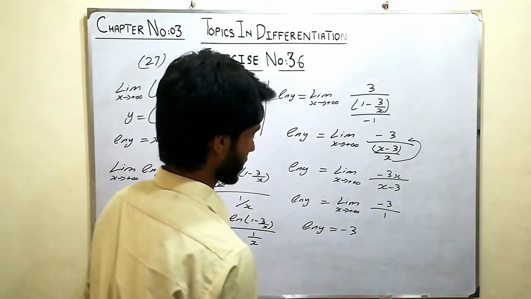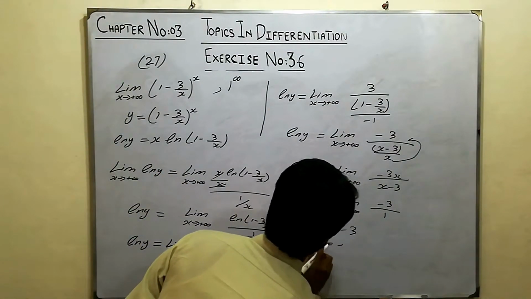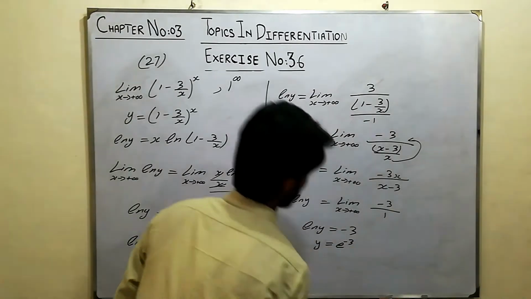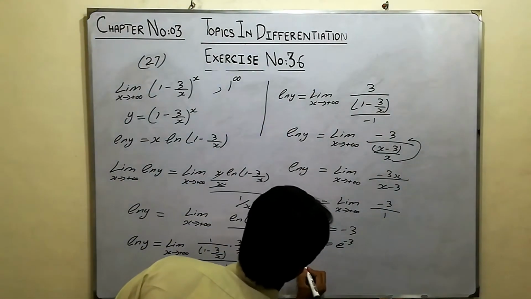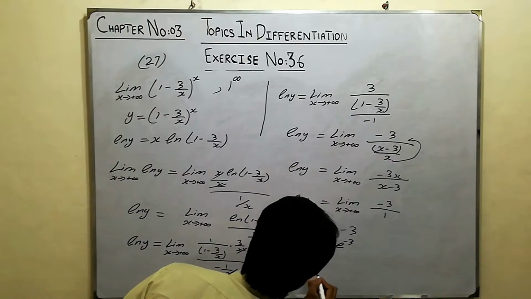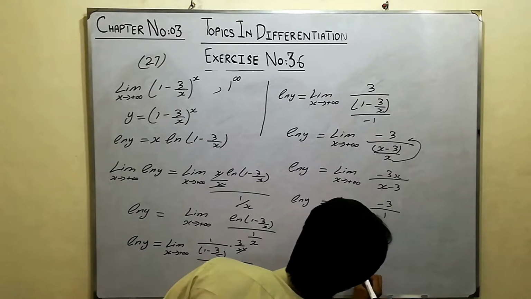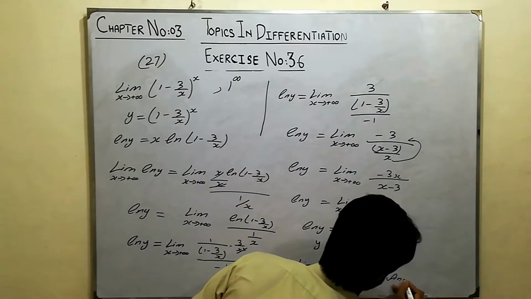Now step 4 is take exponent on both sides, so we have e to the ln y, y is equal to e minus 3. So e minus 3 is our answer. We can say that limit x approaches to plus infinity of 1 minus 3 by x equals e minus 3 is our answer.